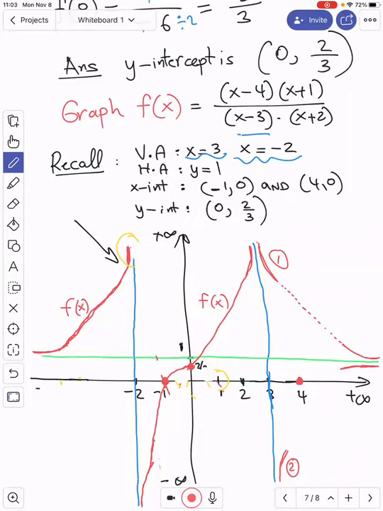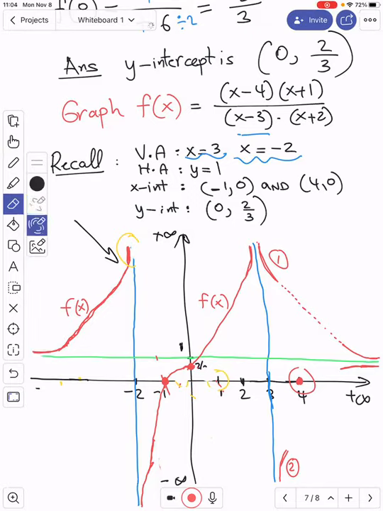But there's a problem with this first option because there's an x-intercept at 4, right? So the second option would be the right one because you can cross the x-axis at 4, and then you can approach your horizontal asymptote.